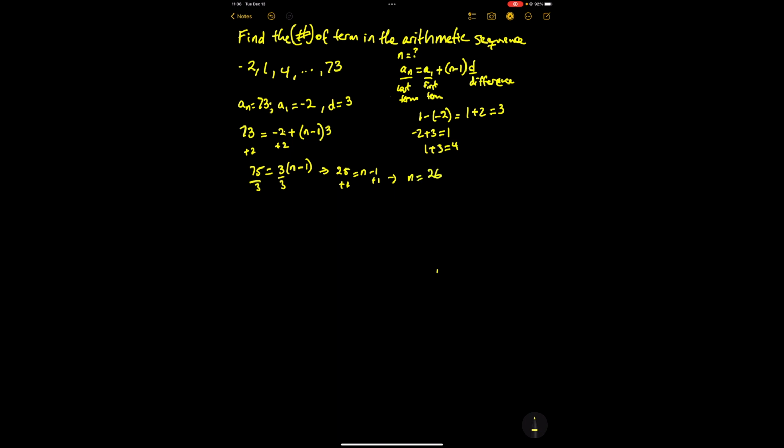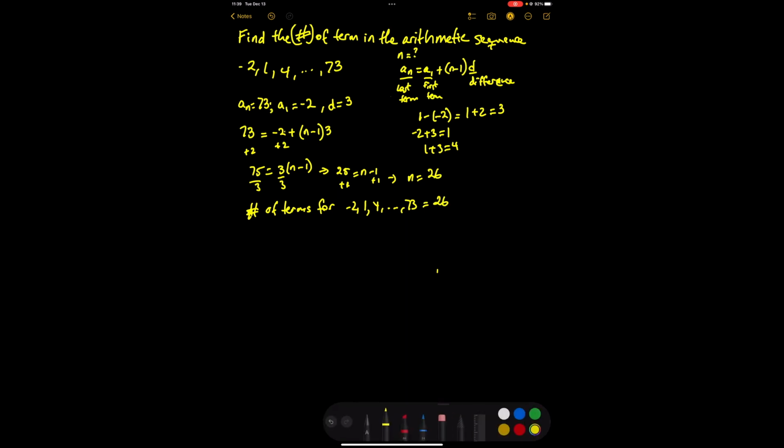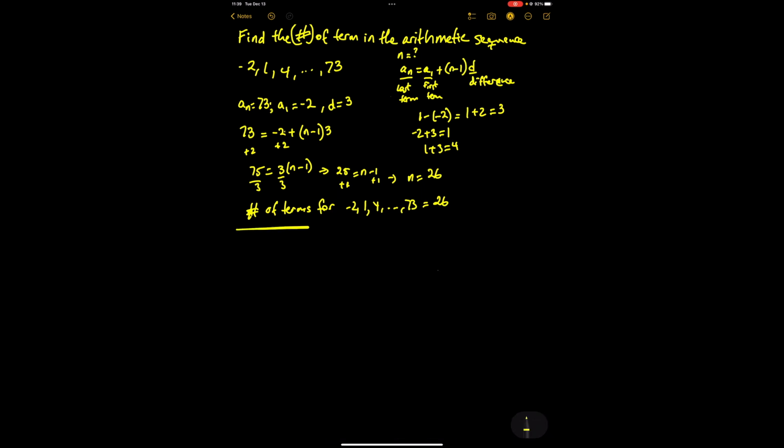So the number of terms in -2, 1, 4, up to 73 is equal to 26. There are 26 terms in this arithmetic sequence.